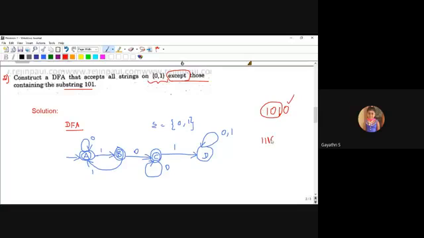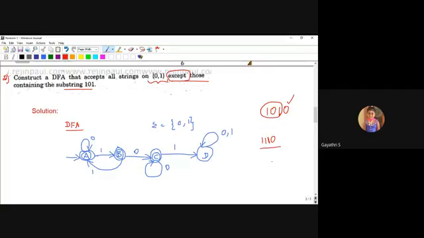Then 1110. Triple one, 0. It will accept the string 1110, since it does not have the substring 101.